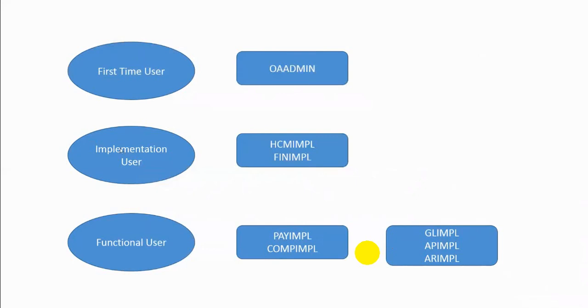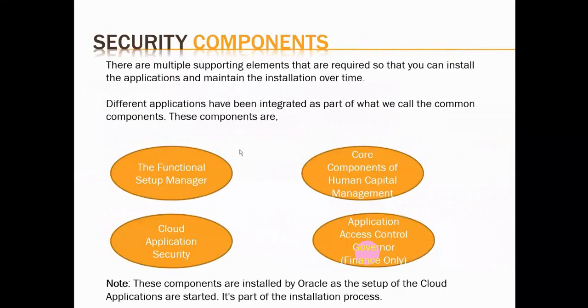So the intention behind this diagram is, once you got the first time user, one login, the implementation user creates the foundation. What are the foundations? These are the foundations: the foundation of the core components of human capital management, the foundation of the application security, the application access control governor for finance modules, and the functional setup user.